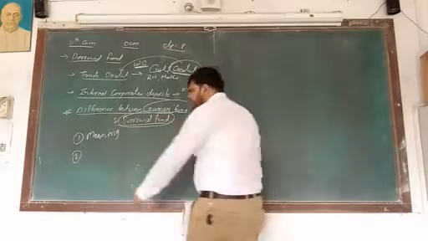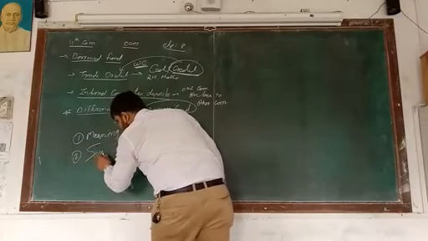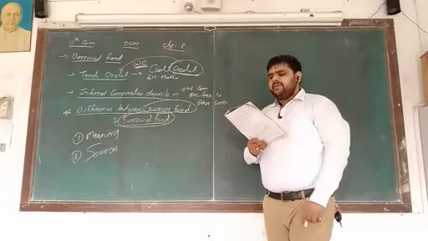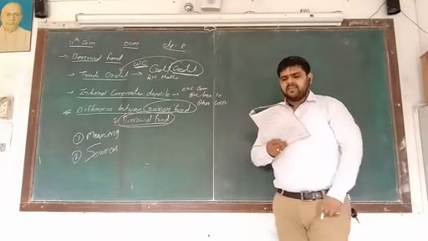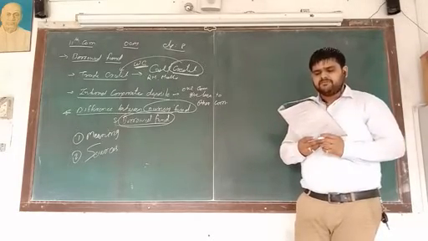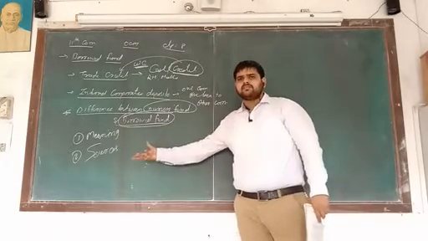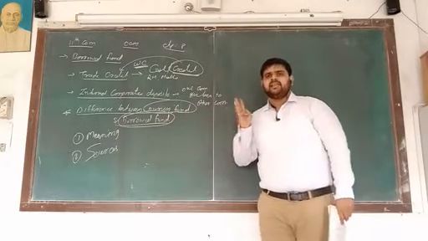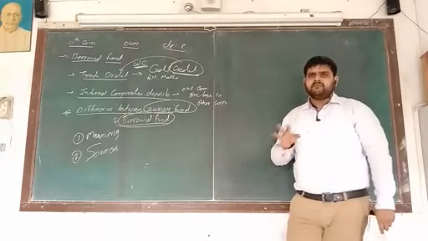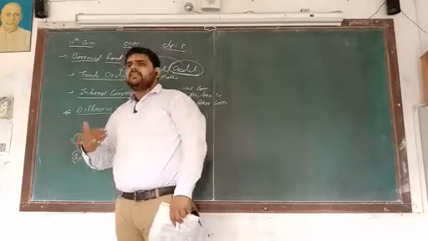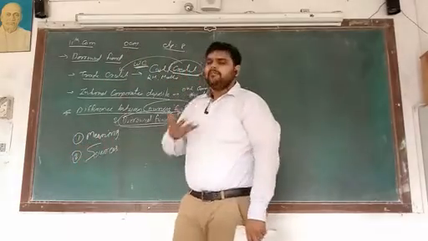Number two, sources. Owner's fund can be received from equity share, plugging back of profit, depreciation fund, and reserve. So for owner's fund, there are three sources: equity share, preference share, and plugging back of profit. In plugging back of profit, all the reserves are included, because reserve is also one part of profit.